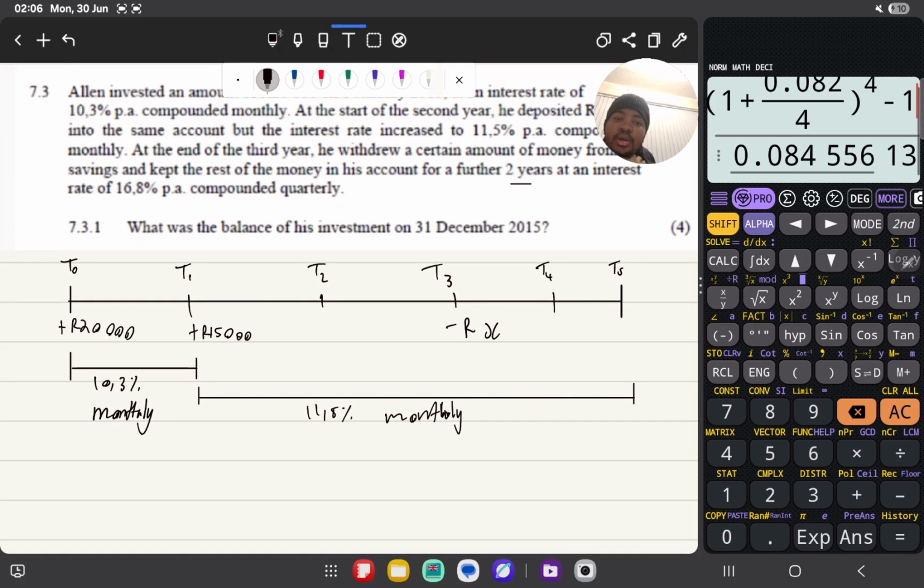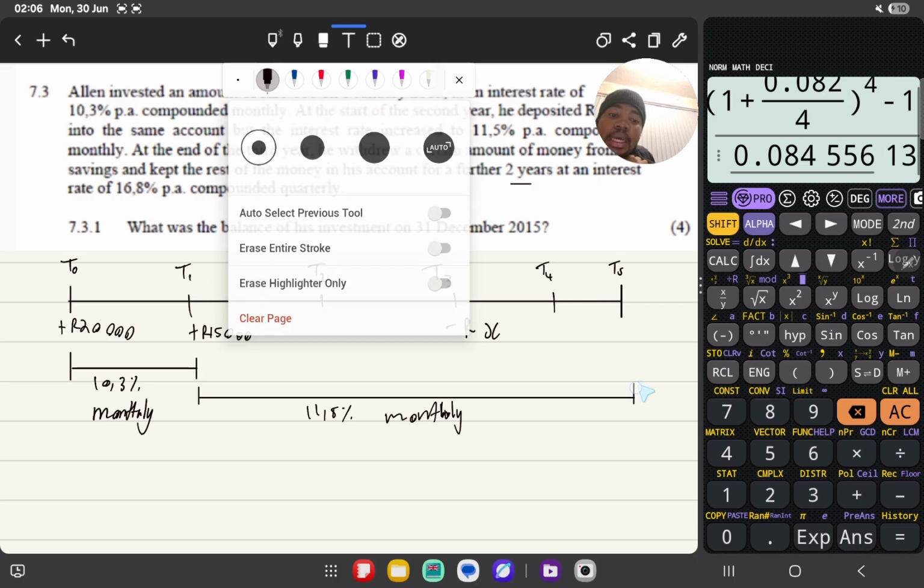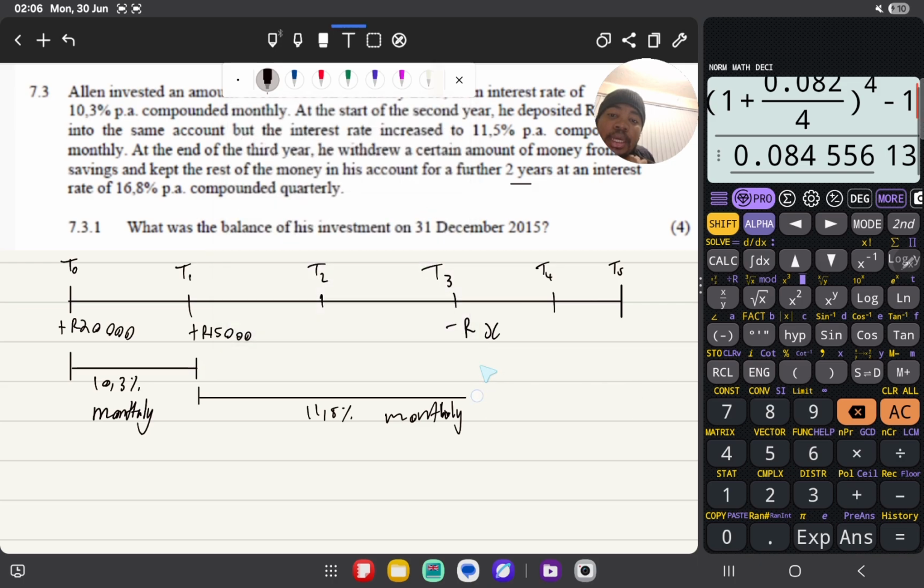I just noticed something I didn't realize: this ends here, and then for the remaining 2 years, the interest rate changed. So from here up until here, we are operating with 16.8% quarterly. Oh, I missed that.